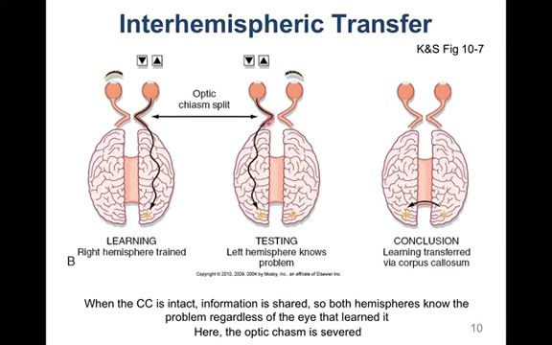The information gets, again, only to the ipsilateral cortex, in this case, the left hemisphere. And that's still okay. The left hemisphere knows the problem. And so the conclusion then is that even though the optic chiasm was split, the information was shared via the corpus callosum. So both hemispheres learned the problem via information transfer from the corpus callosum. Okay? So when the corpus callosum is intact, information is shared, and both hemispheres know the problem regardless of the eye that learned it. So in this case, it's the optic chiasm that's severed.